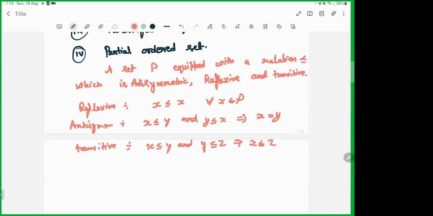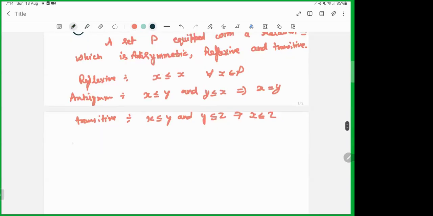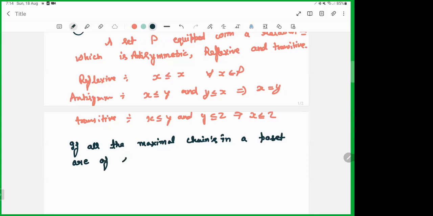If all the maximal chains in a poset are of the same size, then the poset is said to be graded of rank n.